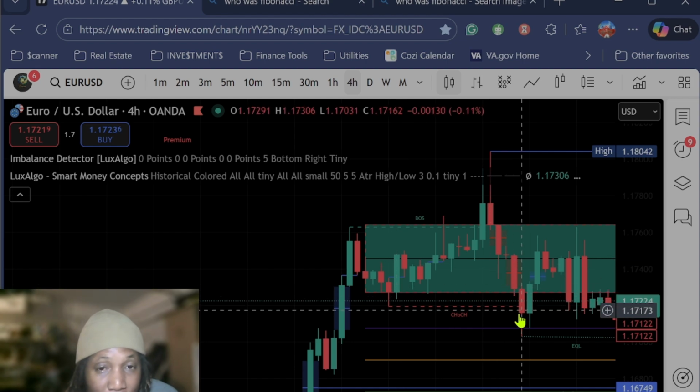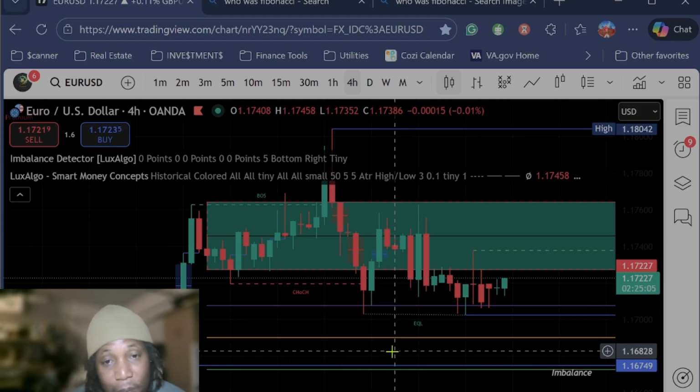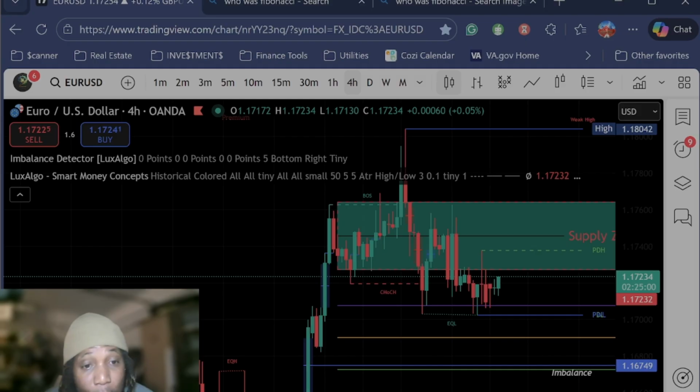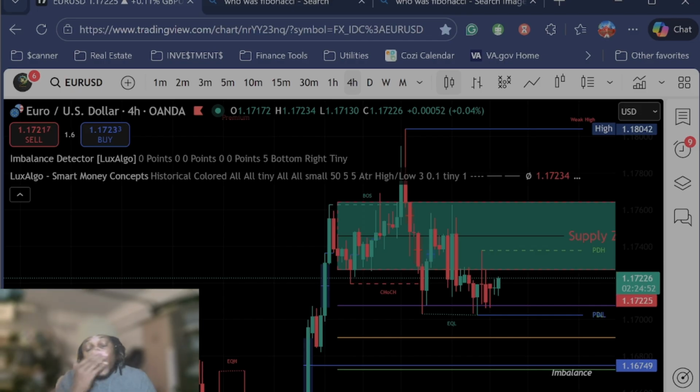And clearly price went and took it out and then reacted from it, right? That's how I trade imbalances, because that's where price is going. I don't worry about anything else on the chart but my imbalances. Price likes to be balanced. Price is going to balance itself out, and then it's going to make its move.